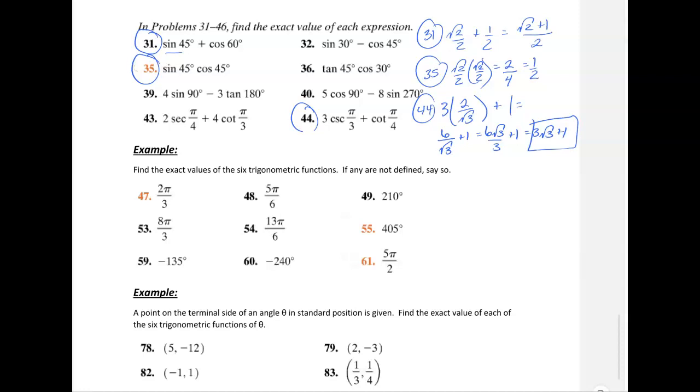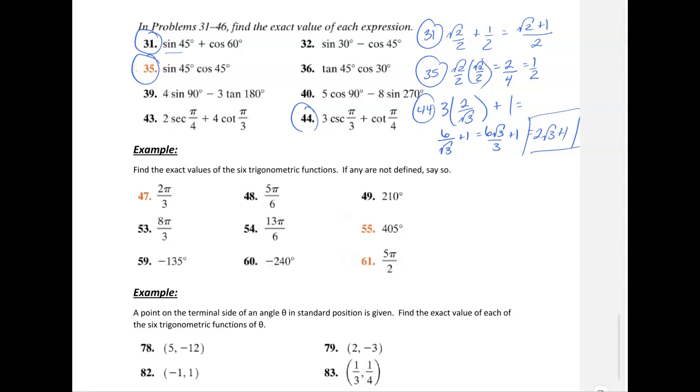Oh, just kidding. 6 divided by 3 is 2. 2 square root of 3 plus 1. There's our final answer. Okay, in this class, we are looking for those exact values, so do not be tempted to plug that in a calculator and get a decimal. That's not what we're looking for.